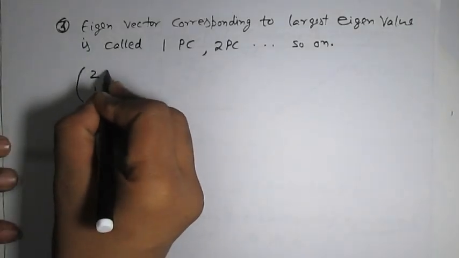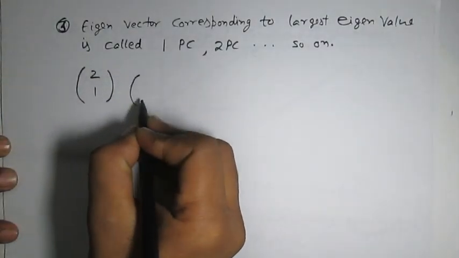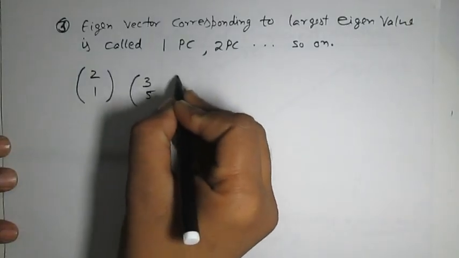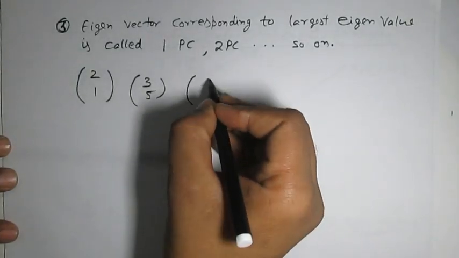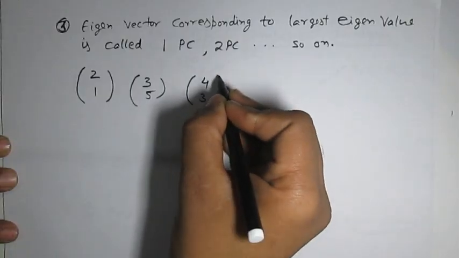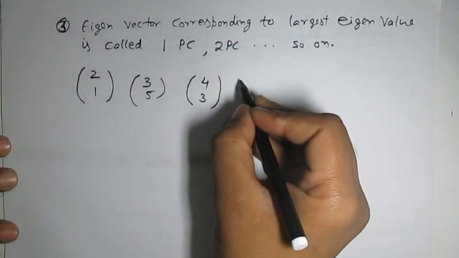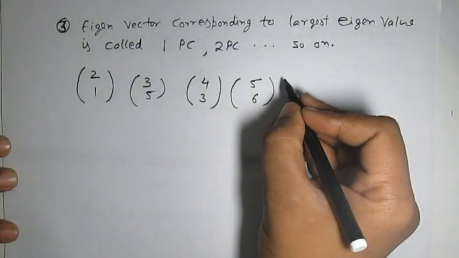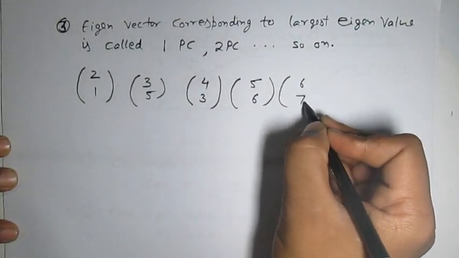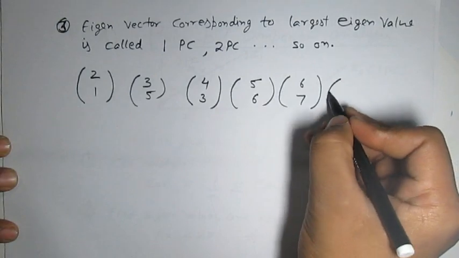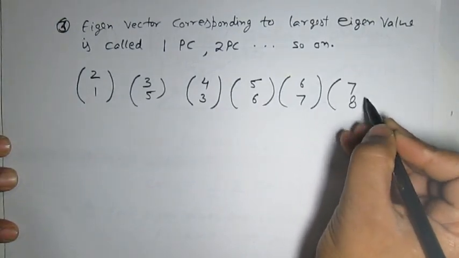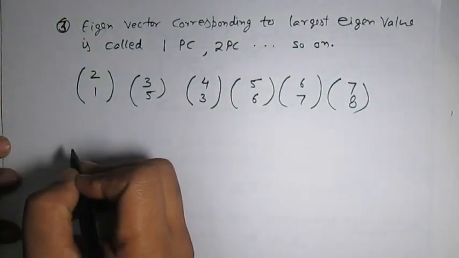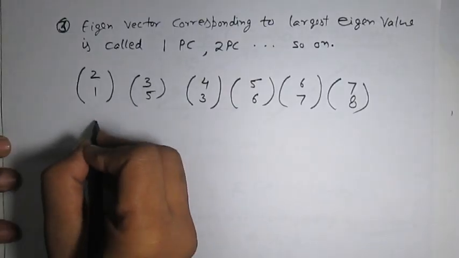These are our data points: 2 1, 3 5, 4 3, 5 6, 6 7, 7 8. The first step is to find the covariance matrix.